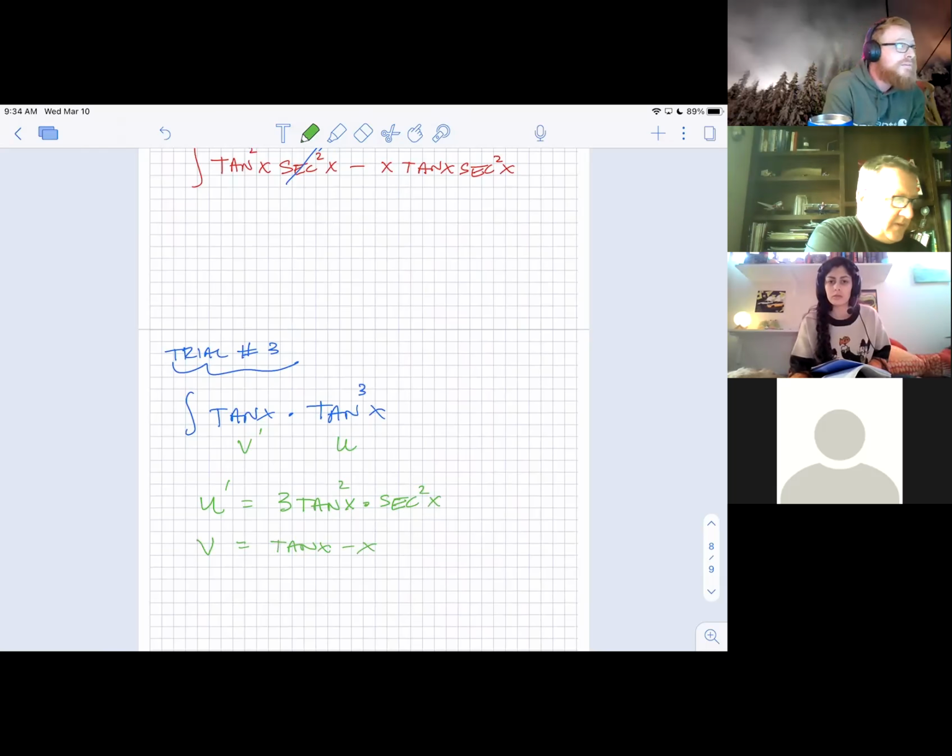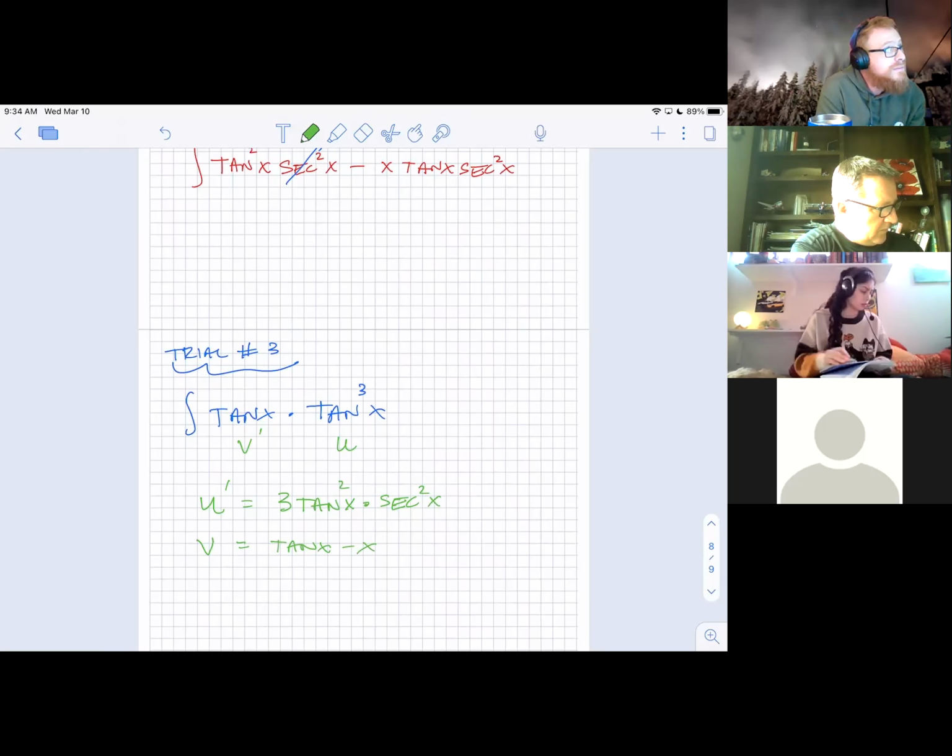I hope I haven't been doing that wrong the whole time. Double check the integral of the tangent of x. Why isn't it listed? Is it really hard?